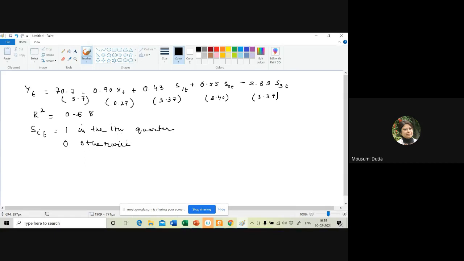So I hope you are understanding, since the intercept is there and 3 seasonal dummies S1t, S2t and S3t are there. Basically, we are talking about 4 quarters indicating 4 seasons. So you have to write the equations for the first, second, third and the fourth quarter.